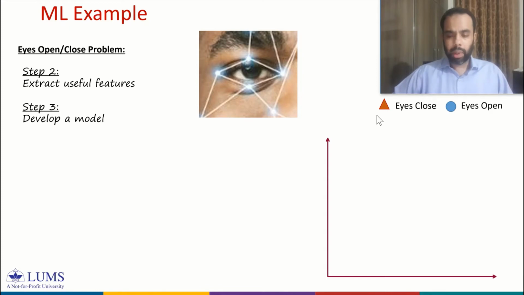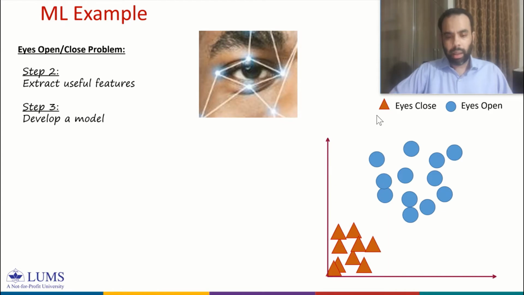If we plot the data, we will get something like this. When the eyes are open, the distance would be larger for both left and right eye, and if the eyes are closed, the distance between these 2 points is close to 0, so this triangle would be somewhere here, right?